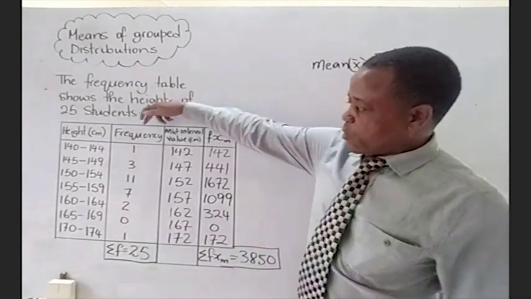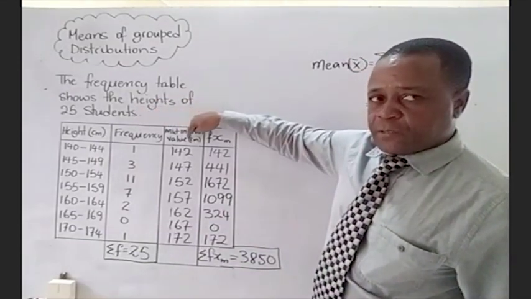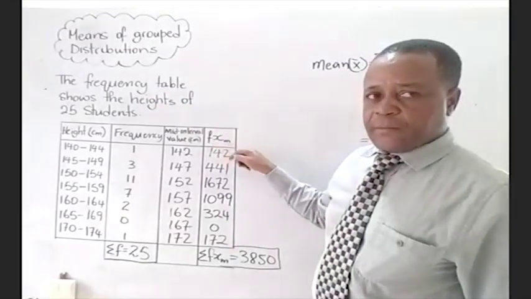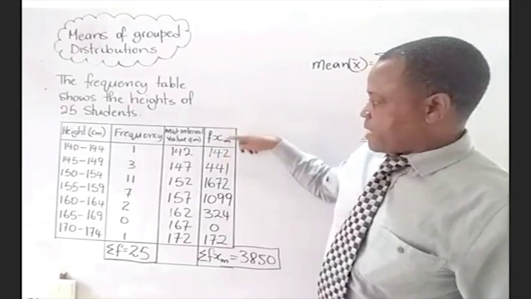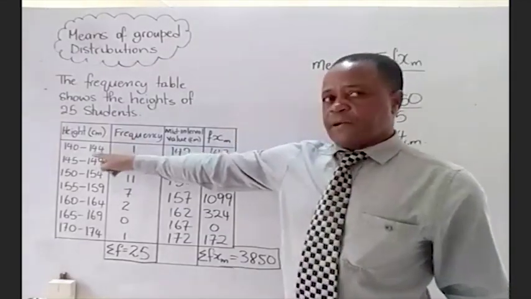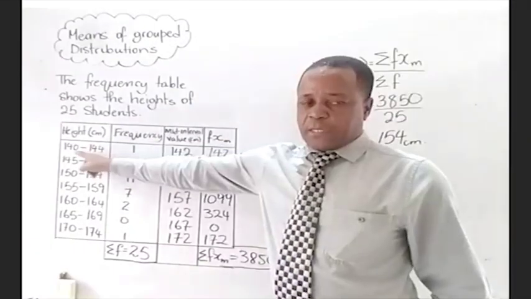Notice here, we're multiplying the frequency against the mid-interval values, which we label as our FXM column. XM just tells you that it is the mid-interval value. The M suggests that it's the midpoint that we're talking about here.